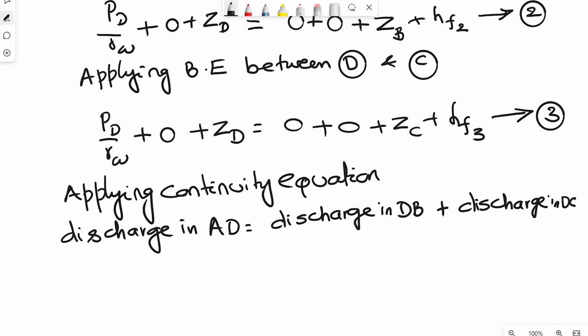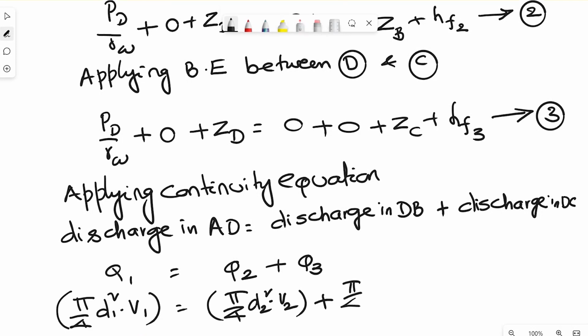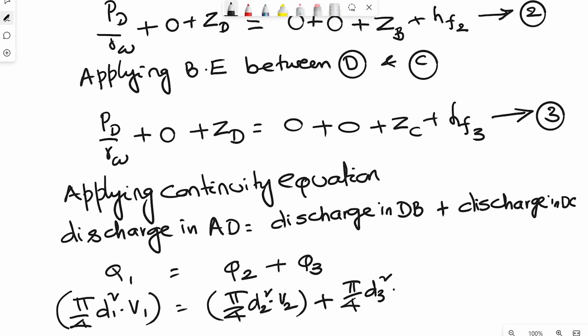So finally Q1 is equal to Q2 plus Q3. Pi by 4 D1 squared into V1 is equal to pi by 4 D2 squared into V2 plus pi by 4 D3 squared into V3. So this is the fourth equation.